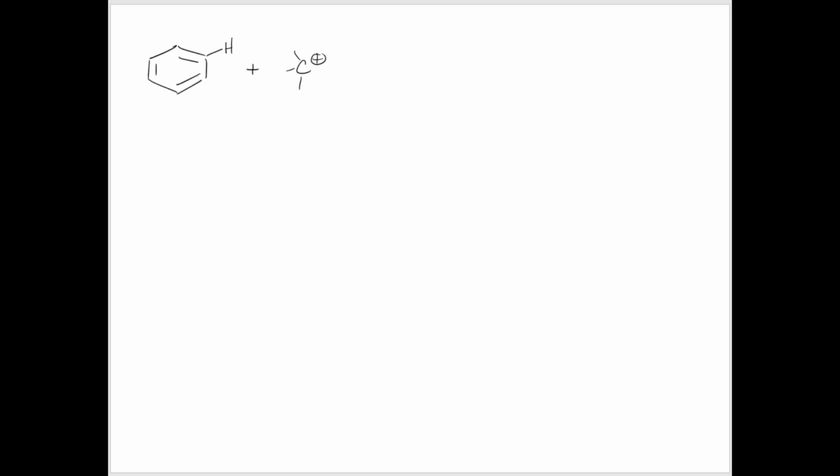Well, one of the ways I can form a carbocation would be to take, let's say, a double bond and add to it H plus, probably from something like H2SO4. But now let's do it in the presence of a benzene ring. We would react the double bond with H plus. We would add the H plus Markovnikov-wise to form a secondary carbocation.